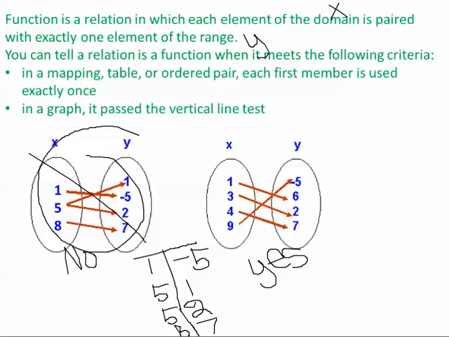Sorry, I didn't leave enough room. But whenever you're looking at your x's, you see how these 5s repeat? You have 2 5s for your x's. That is not a function. Your x's cannot repeat, okay? Here, your x's wouldn't repeat. So that's the difference. That's how you tell if something is a function or not.